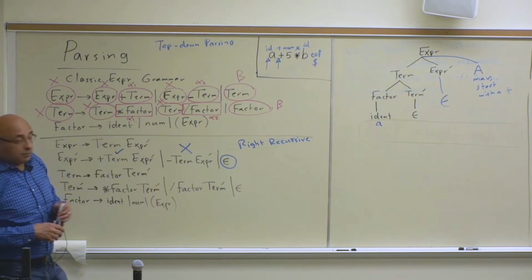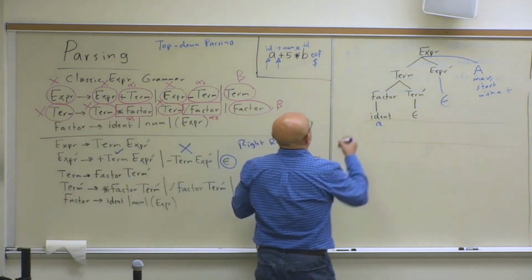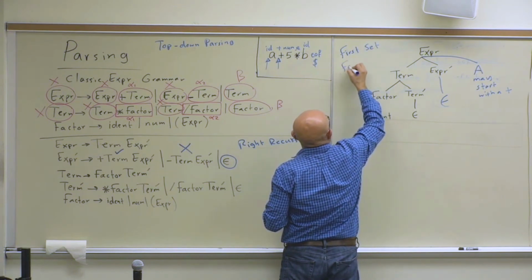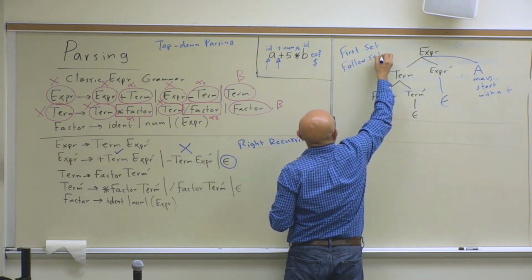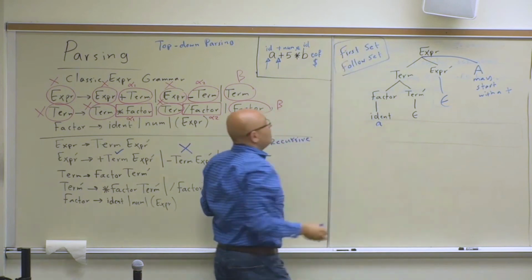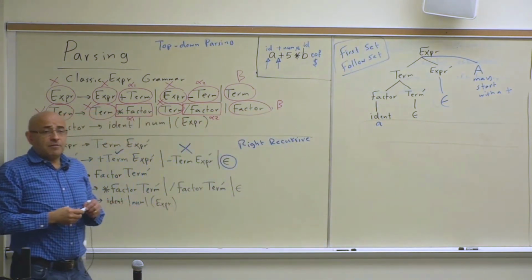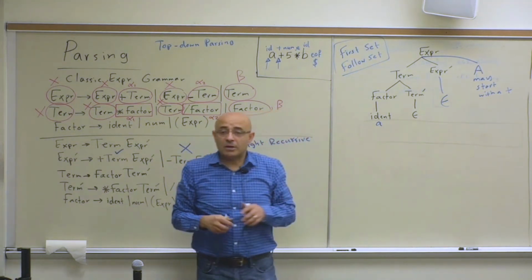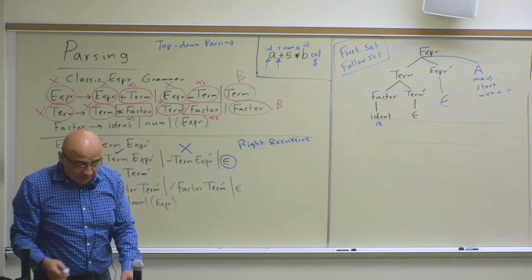So we will need to find what we call the first and follow sets, the first set and the follow set for each variable in the grammar. So first and follow is something that we will be covering next time. Okay. So first and follow sets will be covered in the next lecture.